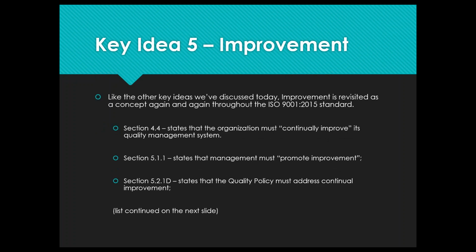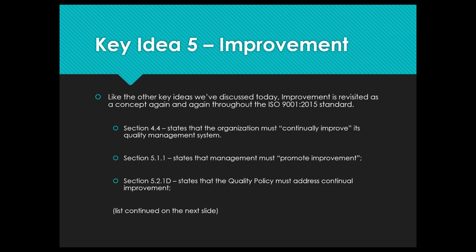Like so many other things that we've looked at today, improvement is revisited throughout the standard, and it really is prevalent. In section 4.4, it talks about the organization continually improving its system. In 5.1.1, it says that management has to promote improvement.